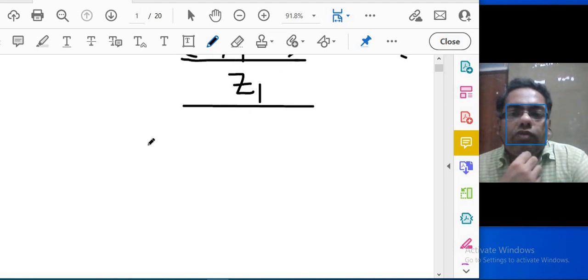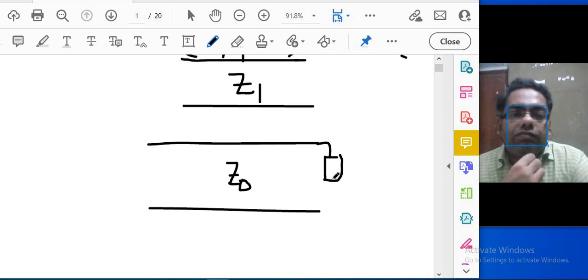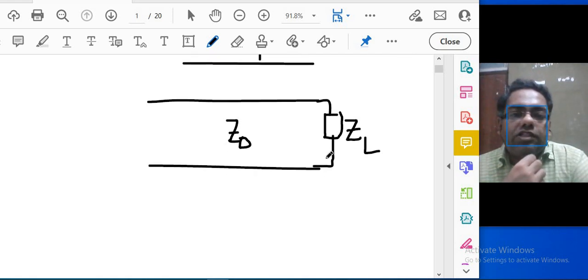Now, we know that if we have a transmission line whose characteristic impedance is Z0 and it is terminated by load ZL, and here I am having a source.